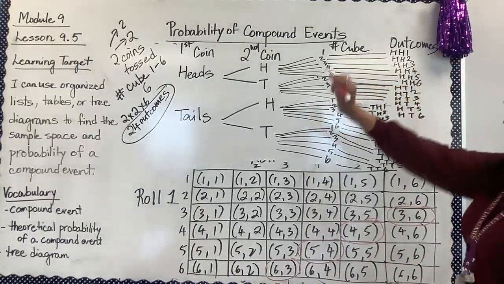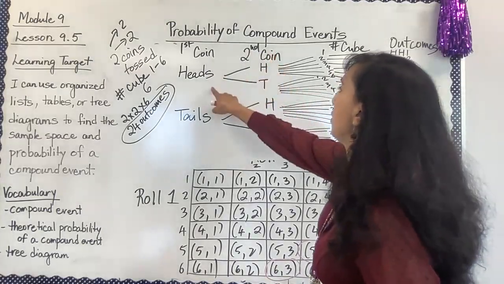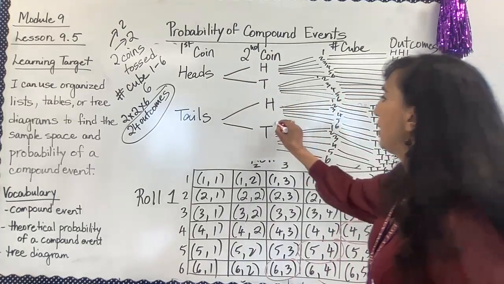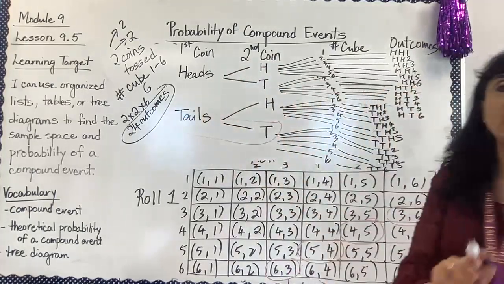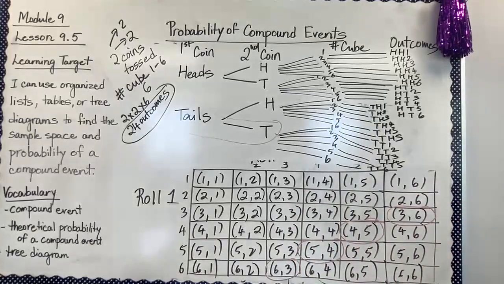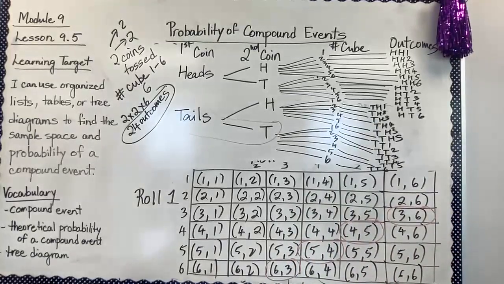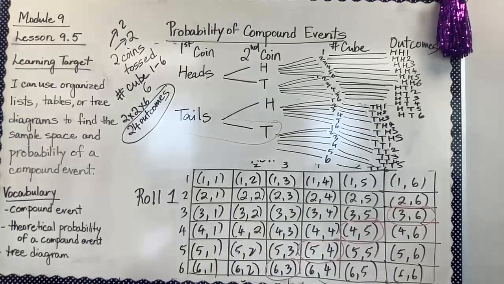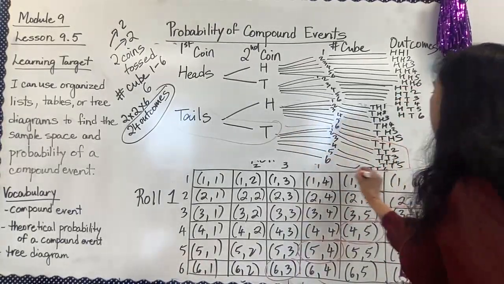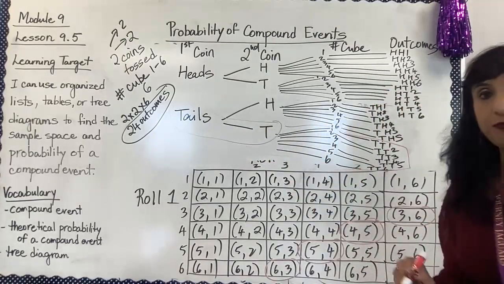Yes, we are, because over here we are tossing heads 2 times. Here we are tossing heads 1 time. We are tossing heads 1 time. This part does not relate because there is no heads, there's only tails over there. So we cannot use that. These outcomes are not favorable because heads are not tossed. So all of these tails ones we can forget about.